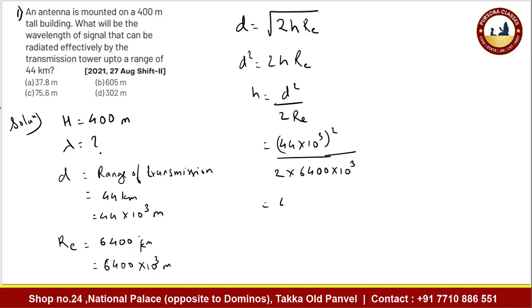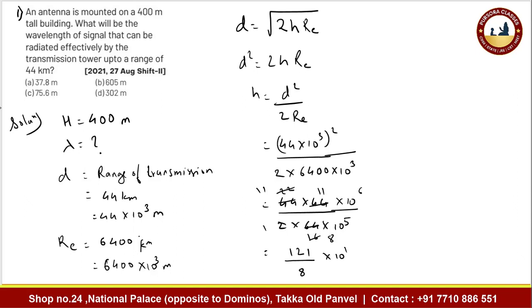So from the data given we have 44 into 44 upon 2 into 6400, and we can take these two zeros with 10 raised to 6, so this will be 10 raised to 6 minus 3 in the numerator, so 10 raised to 3 over 10 raised to 5, which leaves minus 5... Here 2 ones are 2, 2 twos are 4, 16 fours are... 2 eights are 16, 11 ones are 11, so we have 121 upon 8 into 10 raised to 1.